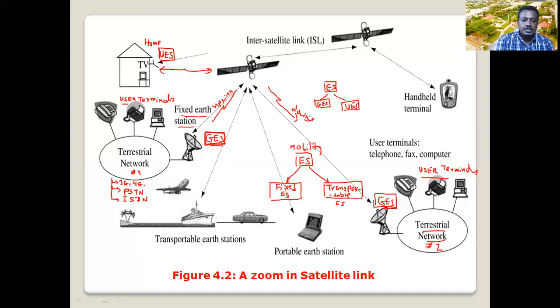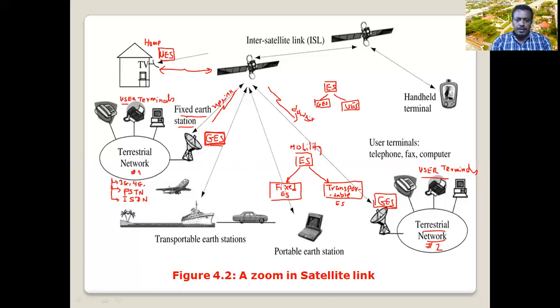So when you see this GES, gateway earth station, it's fixed in one place. It's not movable. It's installed to use as a gateway for one terrestrial network. So it's fixed for fixed satellite service applications.